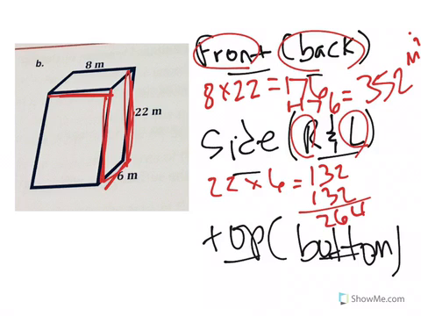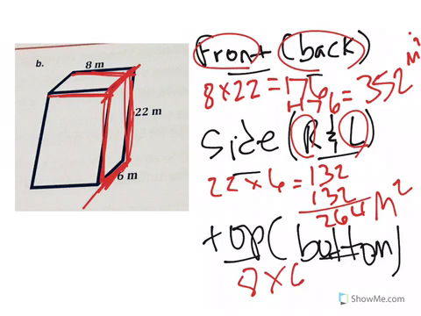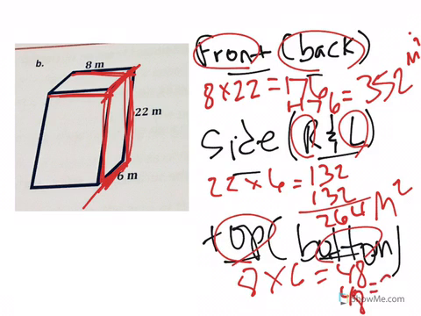We get 264 meters squared. And then the top and the bottom, well, here we have 8 times this side here, which is the same as this one down here, which is 6. 8 times 6 is 48. That's just the top, so I've got to do the bottom as well. 48 and 48 is going to be 96 meters squared.